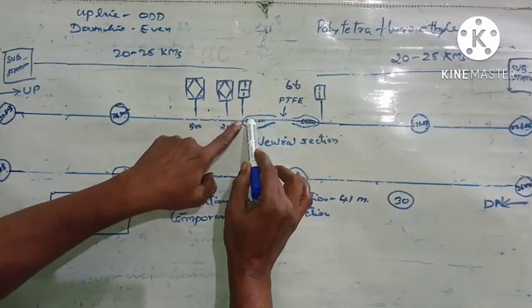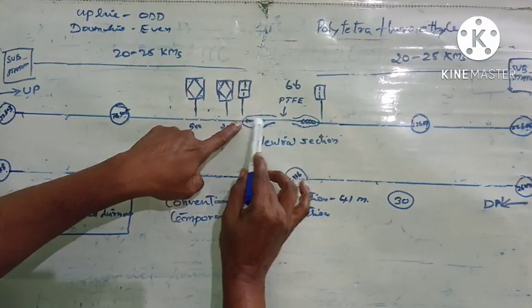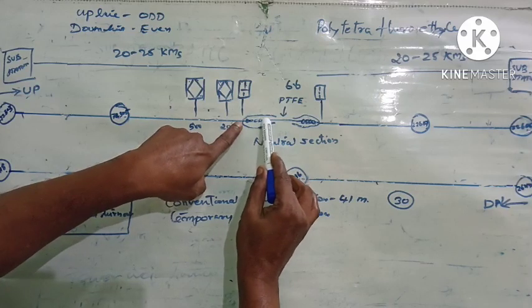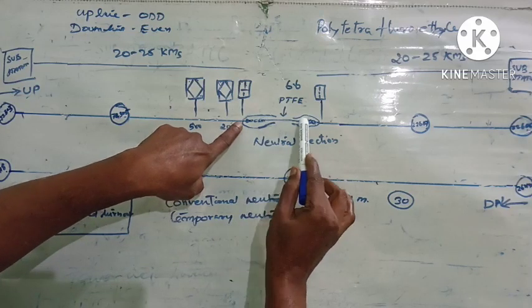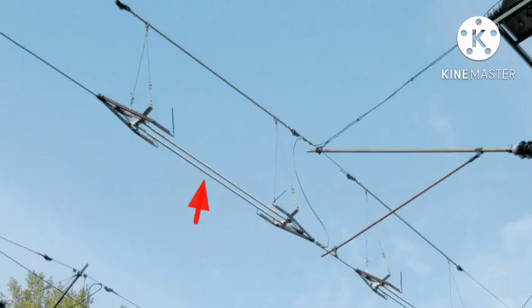Here this line comes here, then on either side there will be runners, and here in the center you can see a ceramic or porcelain non-conducting material is used, and these are connected by a line, and this line will normally be non-conducting material.